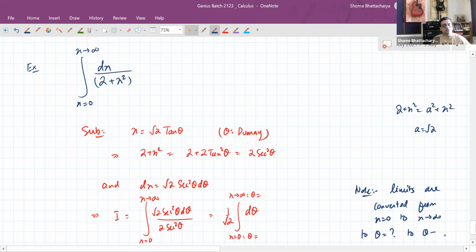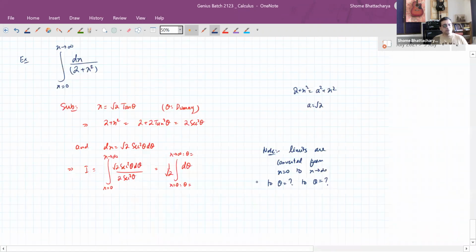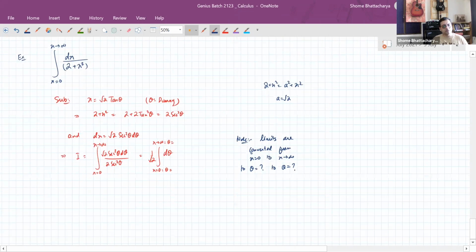So how is that conversion done? That conversion is done using the same relationship between x and theta, the relation x is equal to root 2 tan theta. So you can see that theta is tan inverse of x by root 2.